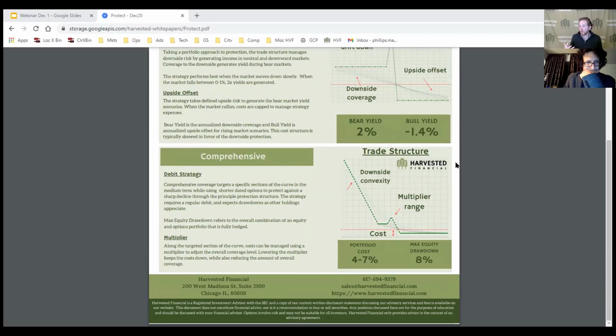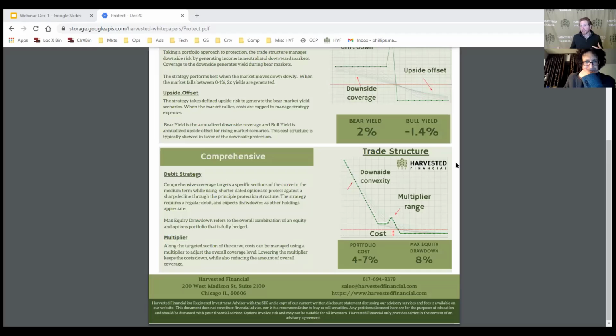And the fundamental truth about protection and getting insurance in the options market is that it costs money, and you can't get something for free. The way we manage that overall cost is by targeting different sections of the curve and playing with different option tenors to provide coverage in those places that we're most looking for it.